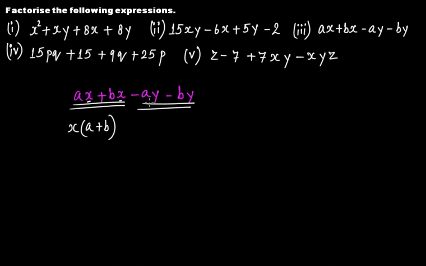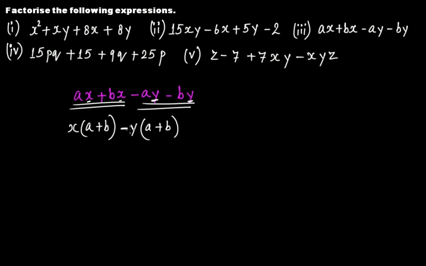Then here you have y and y, take y outside the bracket, and in order to get a plus b as a common factor in these two terms, take minus y outside the bracket, and then inside you will have a plus b, because when you open the bracket, this is minus y, so this becomes minus ay, and minus y multiplied by plus b means minus by, exactly the same.